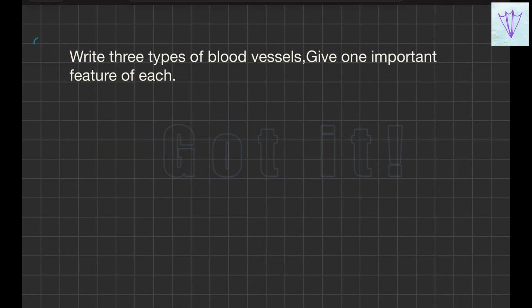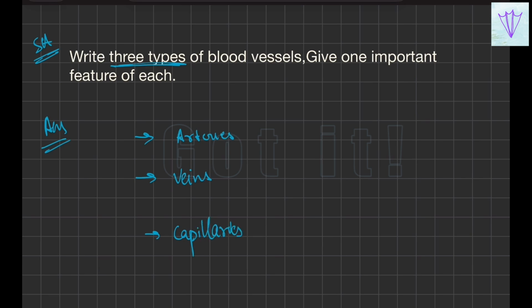The next question is a short answer question. They're asking what are the 3 types of blood vessels, and to give one important feature of each one of them. We know that we have 3 blood vessels, so we have to name them. The first one is arteries, veins and capillaries.